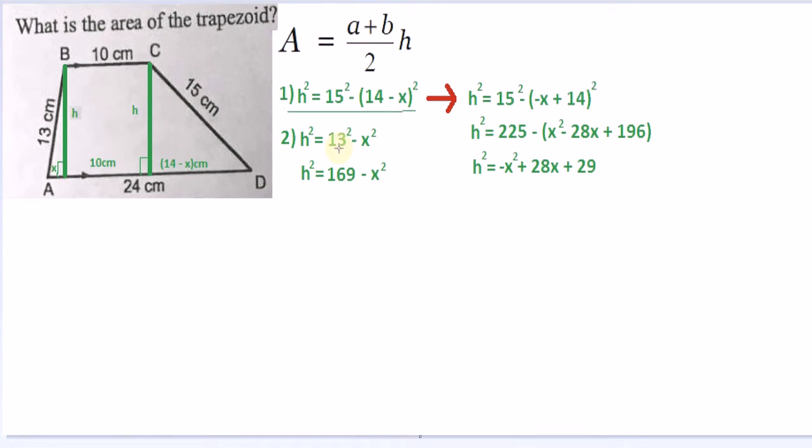So I'm going to go ahead and square this 13 and get the 169 here, so that I've simplified it as much as I can. And now, since the h squared is on one side of the equal sign here and on here, it's going to be a simple matter of eliminating the h squareds by just saying, well, this part of this equation will equal this part of this equation.